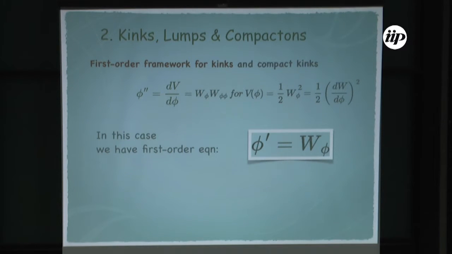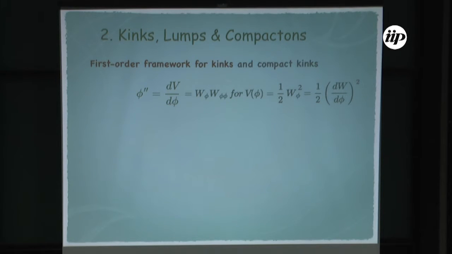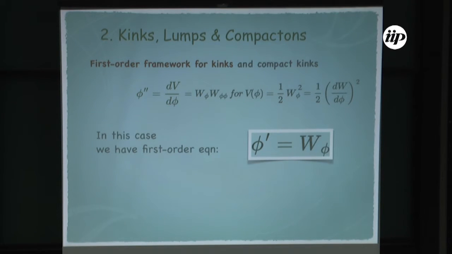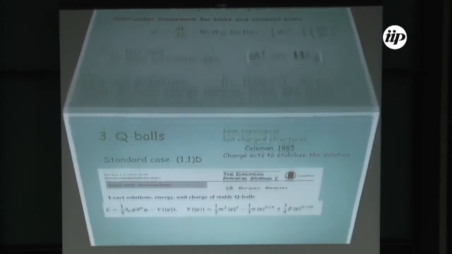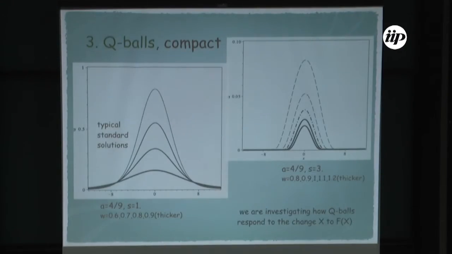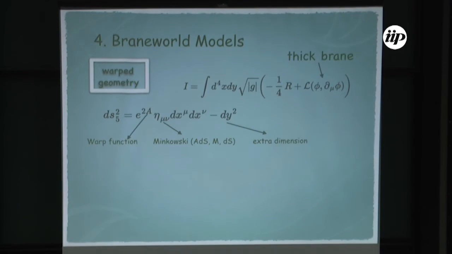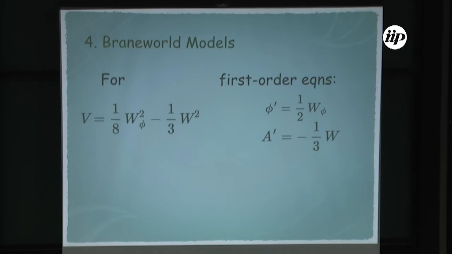Here, this is my equation in 1 plus 1 dimension, my first order differential equation that I have to solve. In the Braneworld scenario, my first order equation is here. It's the same, I just have to put these 2 in the y direction.